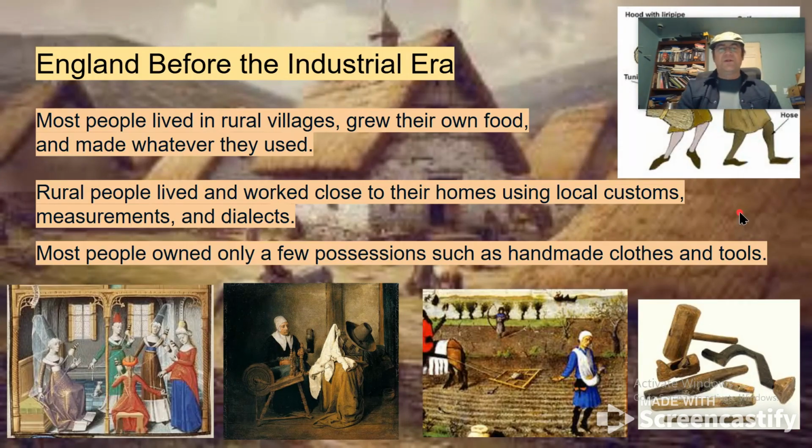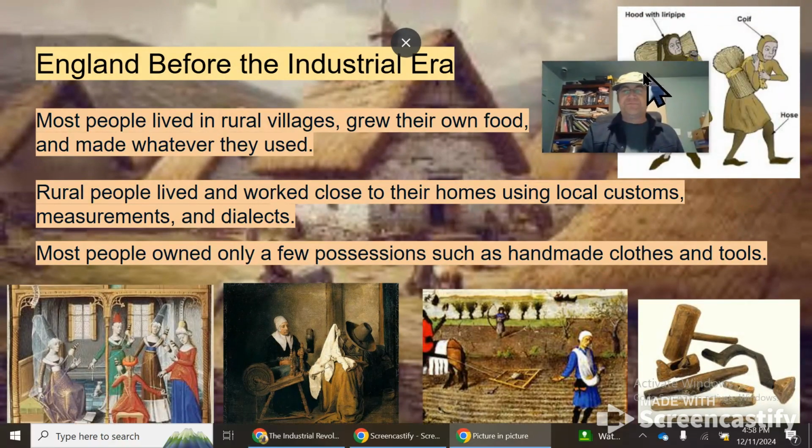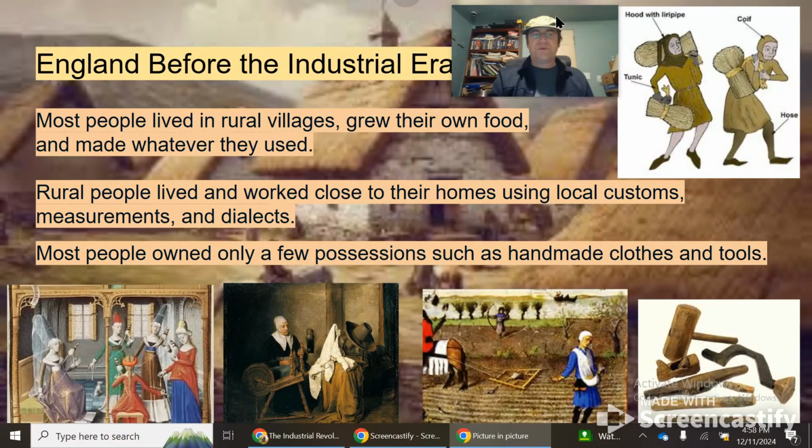Okay, let's look at England before the industrial era. So prior to the industrial era, most people in England lived in rural villages, grew their own food, and made whatever they used. Either they made it themselves or they paid someone to make it specifically for them.